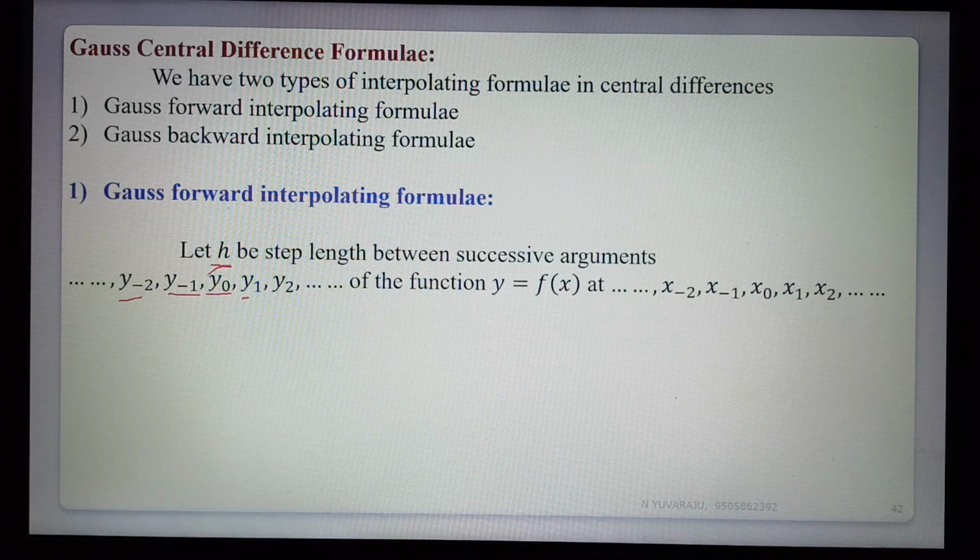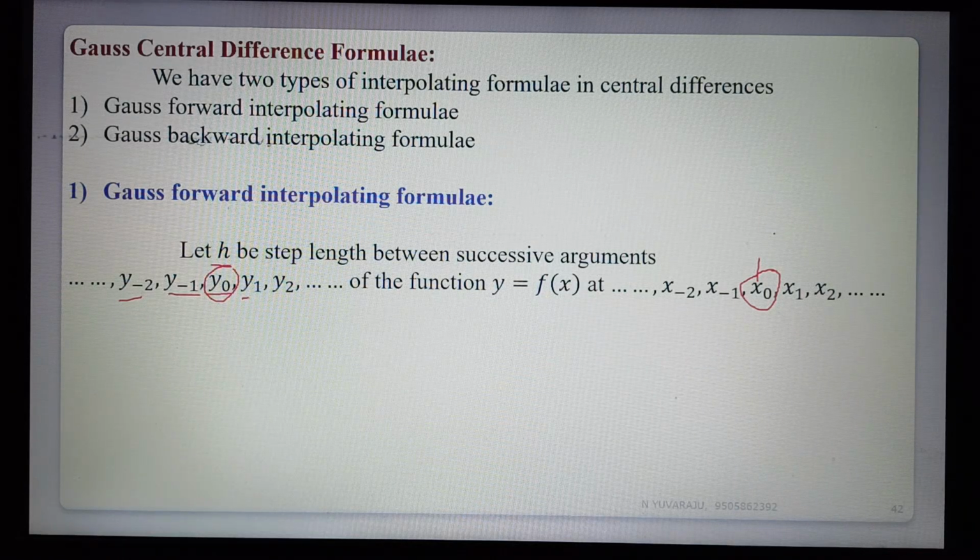The assumption is y0 is the central point of the function. Similarly the x value is x0, the midpoint assumption. In the table, x0, y0 is the mid value, the remaining x1, x2 are forward and x minus 1, x minus 2 are the backward values.